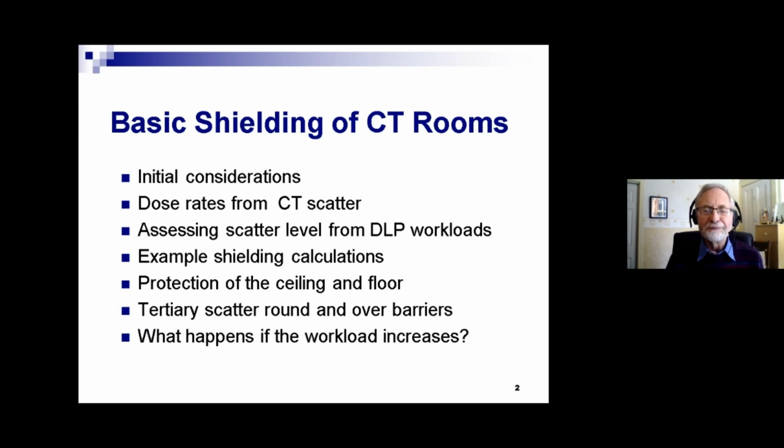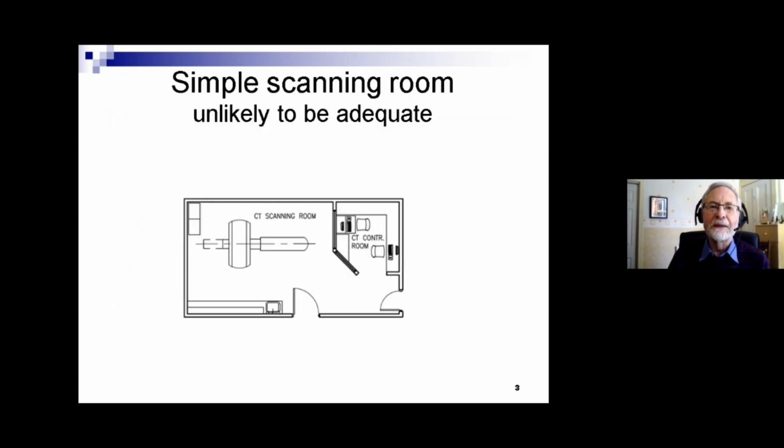The obvious one is the dose length product, which measures all the radiation going into the patient. I'll give example shielding calculations, talk about the protection of the ceiling and the floor, look at tertiary scatter around and over barriers, and then say something about what happens if the workload increases.